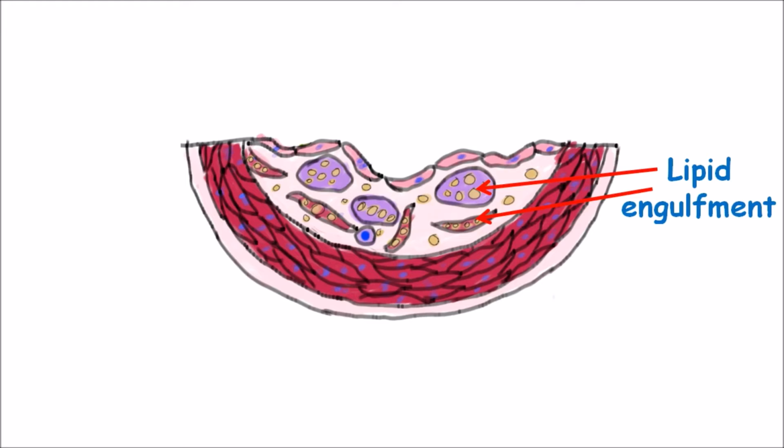When the macrophages engulf these lipids, they come to be known as foam cells. Also, there is migration of T lymphocytes inside the intimal layer. This is under the influence of cytokines released by the macrophages.